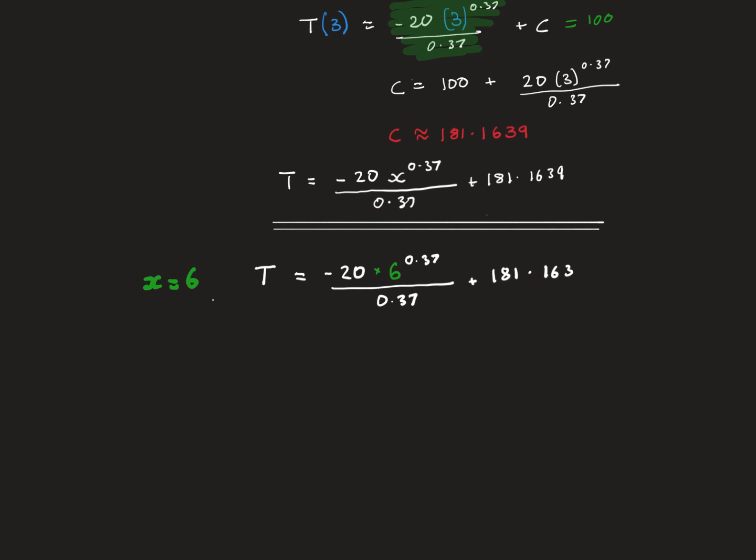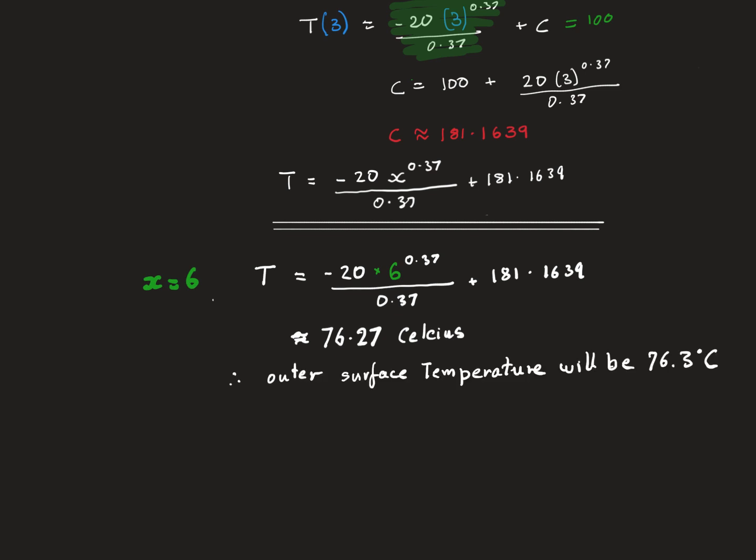Add this, and that's going to be, well, approximately 76.27 Celsius. Therefore, the outer temperature is going to be around 76.3.